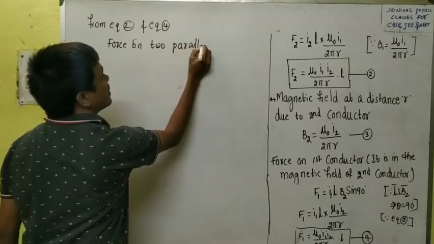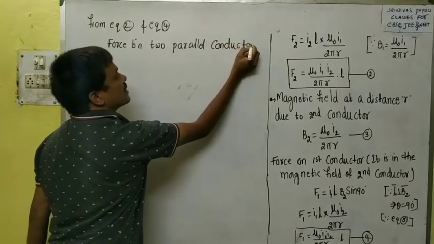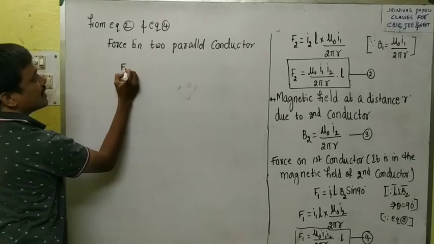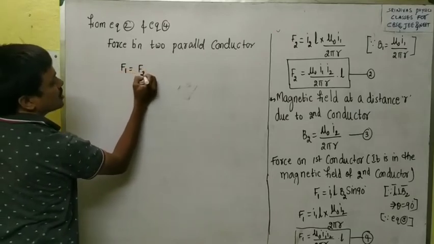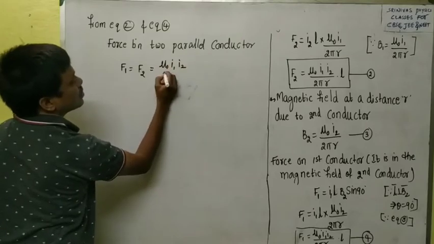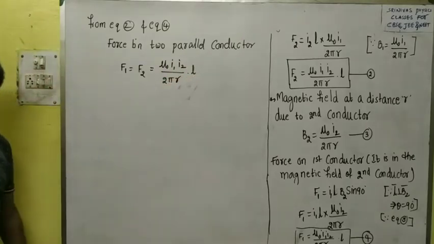What is the force between two parallel conductors? We write that F1 is equal to F2. This force is the same: mu naught I1 I2 by 2 pi R into L.